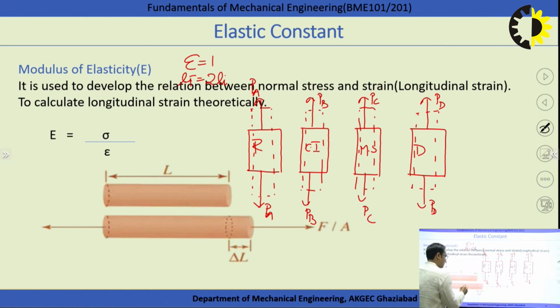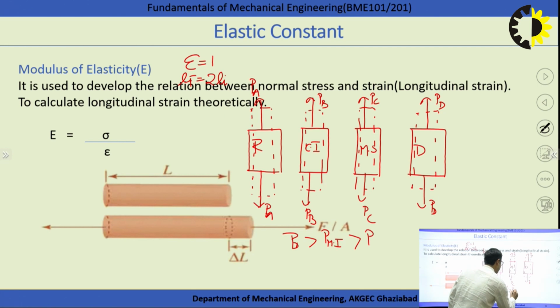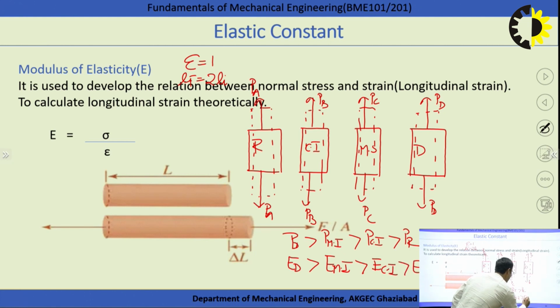Means force required in case of diamond is greater than the force required in case of mild steel, greater than the force required in case of cast iron, greater than the force required in the case of rubber, for unitary strain. Because diamond is the very hardest, or you can say brittle material, which offers more resistance against the deformation. So definitely the modulus of elasticity of diamond is greater than the modulus of elasticity of mild steel, and this is cast iron and this is for rubber.